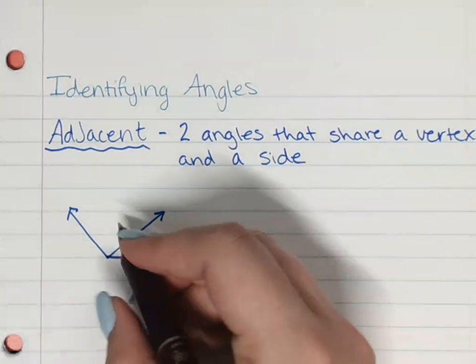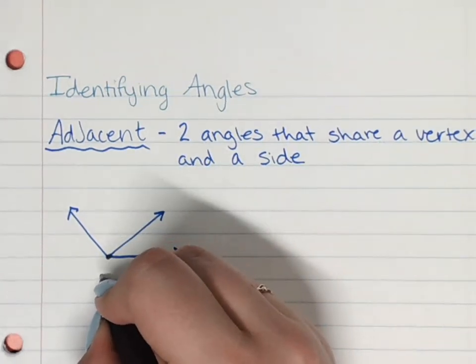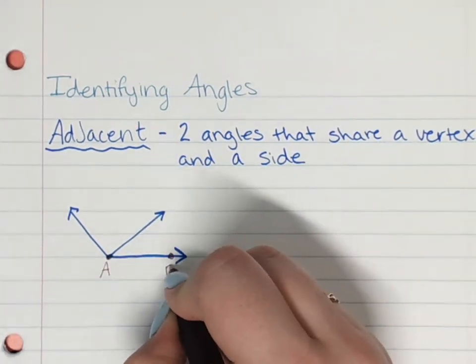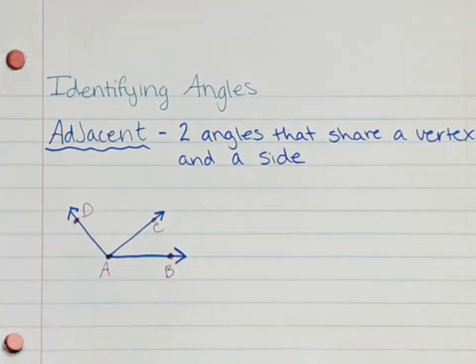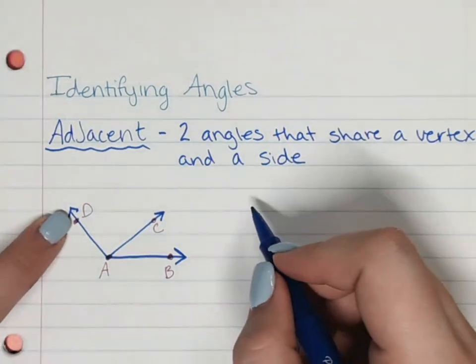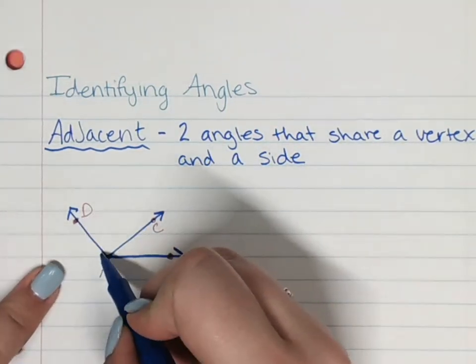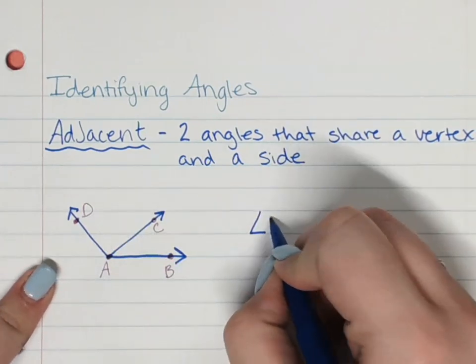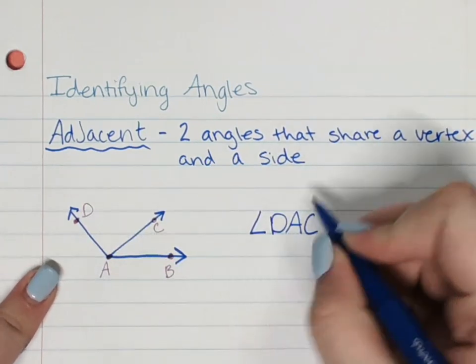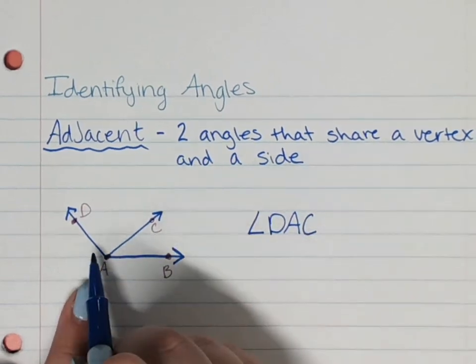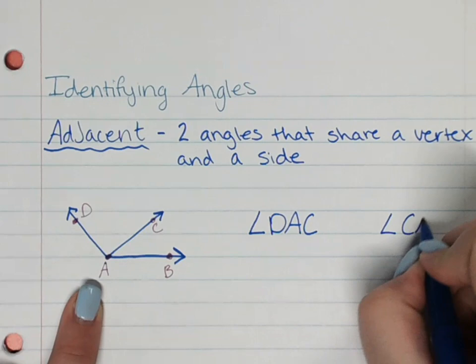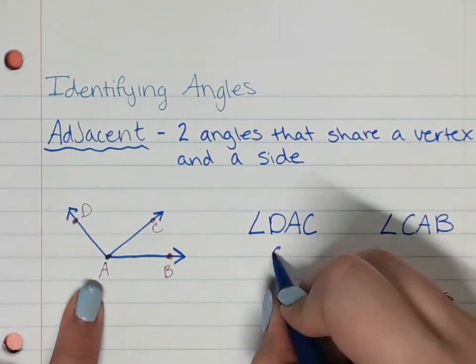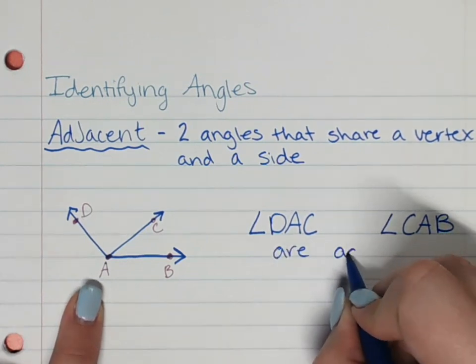So let's label these. So I'm going to label this vertex A, and then B, and then C, and then D. Okay, so angle DAC, so this angle DAC, and angle CAB are adjacent.